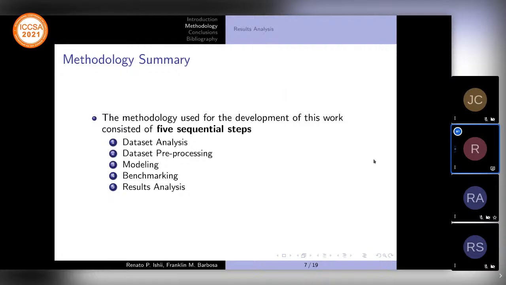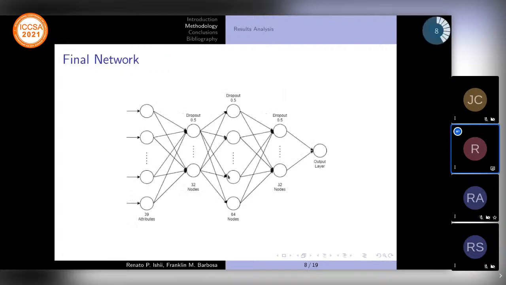The last step is the result analysis. The resulting model is formed by 3 hidden layers with 32, 64, and 32 nodes, respectively, with dropout applied to every layer, with an elimination rate of 0.5.